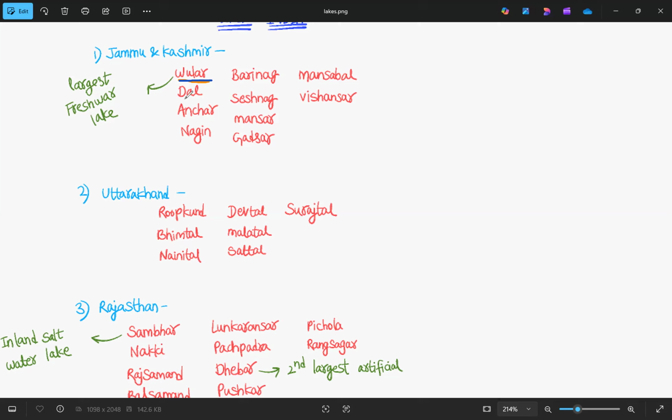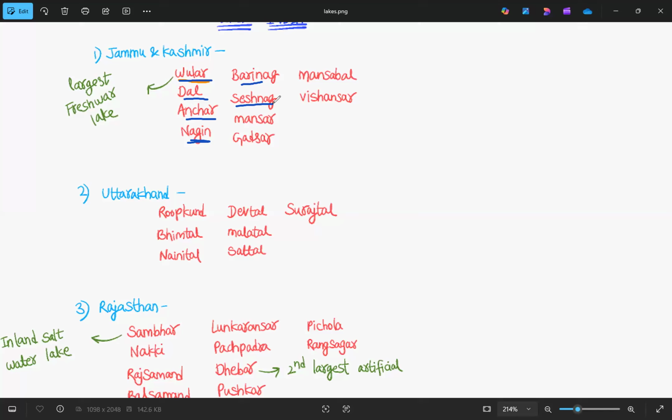The next lake in Jammu and Kashmir is Dal Lake. And the next one is Anchar; I remember it as Dal and Achar. Then Nagin, Barinag, Seshnag, the lakes with Nag in their name.